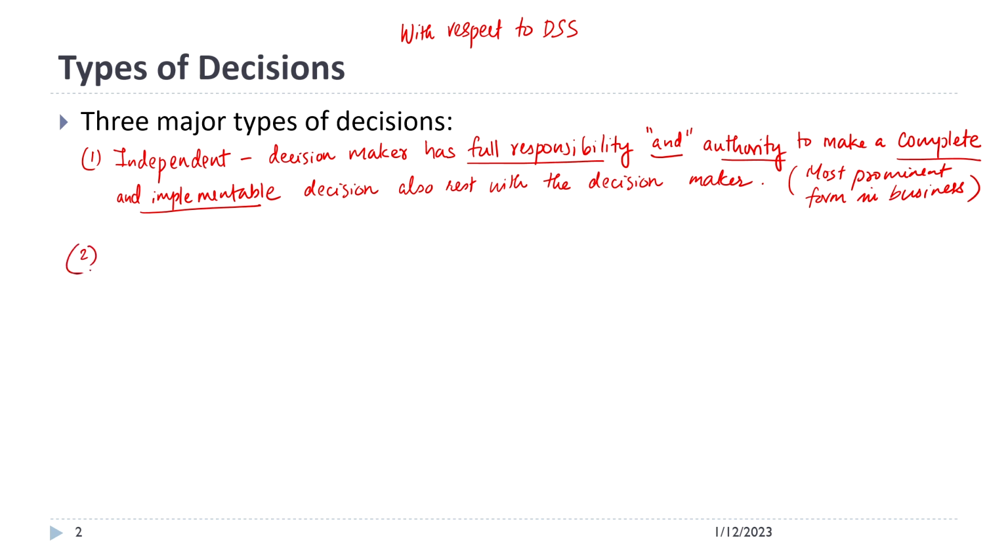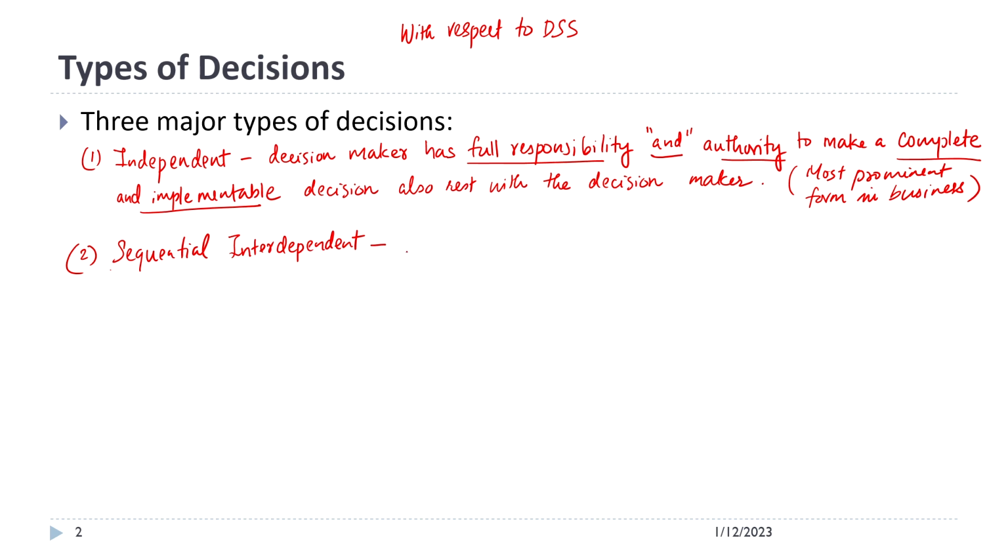Then comes the second one, which we call sequential interdependent. They are not really independent, they are sequential interdependent.